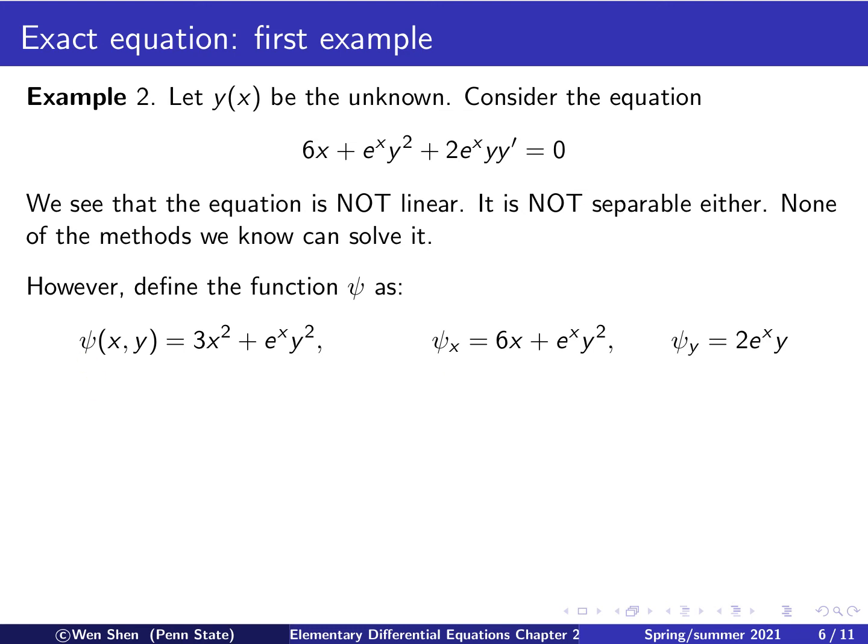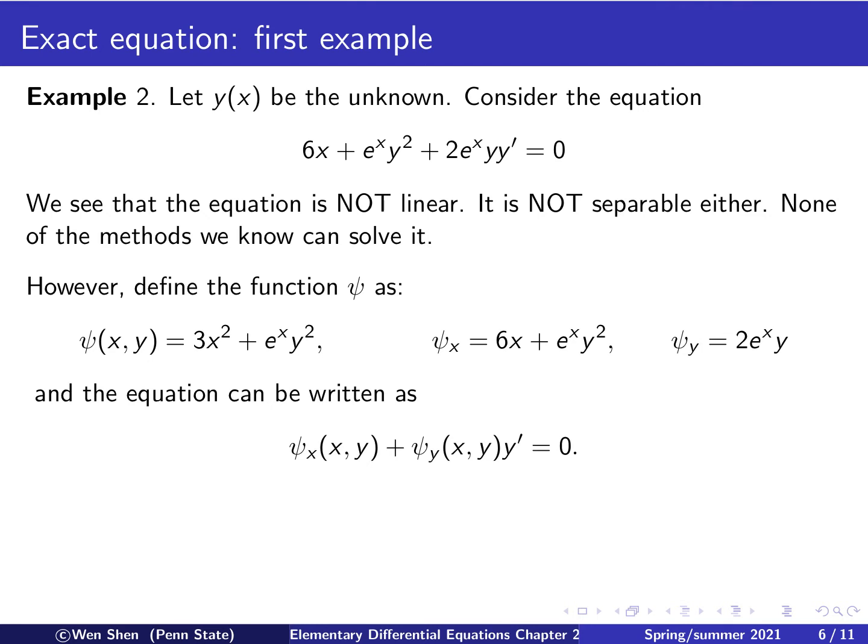Psi sub x, if we do that, we get 3 times 2x, which is 6x, and then here we just get e to the x y squared, which is here. And then psi sub y, differentiating in y: this term is constant, nothing. Here we get a constant times y squared, so 2y times that, which is this one.